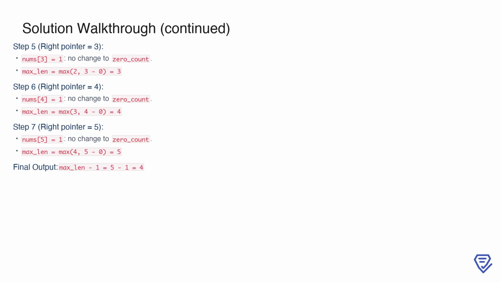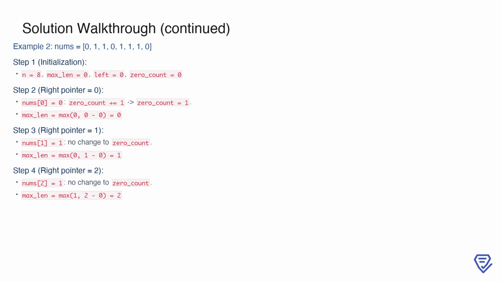Finally, at index 5, nums[5] is 1, so the subarray length grows to 5 minus 0 equals 5, and max_len becomes 5. Since the problem requires the length of the longest subarray of 1's after deleting one element, we subtract 1 from max_len to account for the single mandatory deletion. Therefore, the final output for this example is max_len minus 1 equals 4.